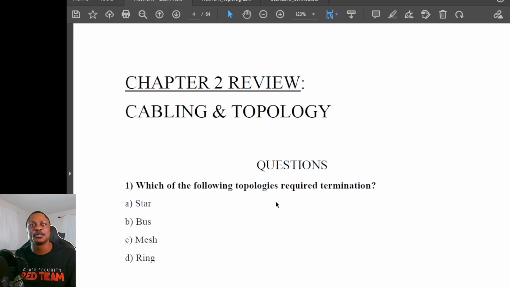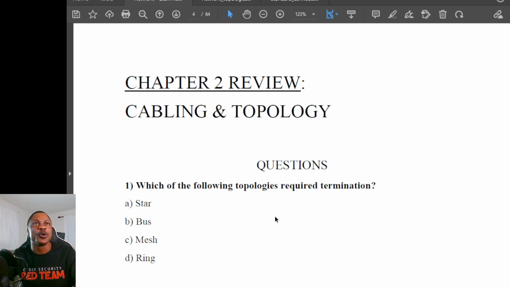Now, chapter 2 review. I'm assuming a lot of you are ready to take your exams, or you have done the reading in these chapters and just want to review it. That's why I don't go in depth in these chapters. But for this specific chapter, I have prepared some graphics to help you understand a lot of the terms.